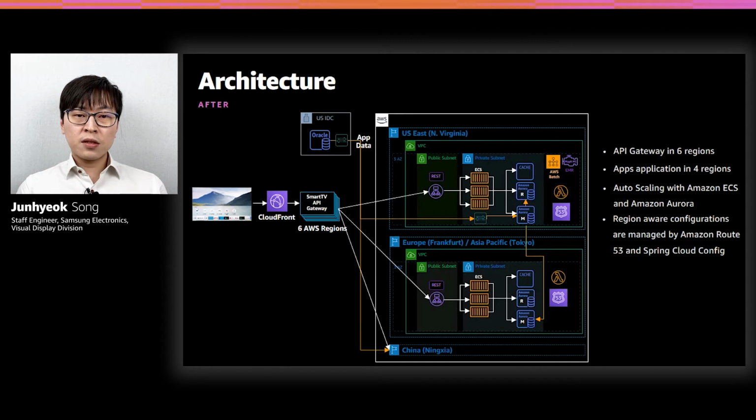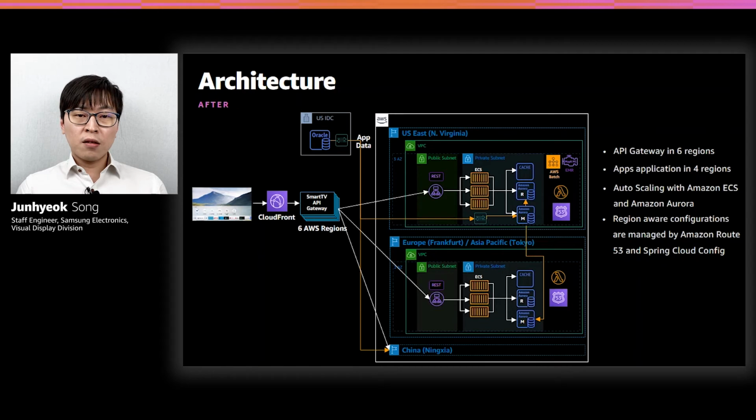China region infrastructure is managed by China R&D Center independently. Almost more than 90% of HTTP API responses come from cache by API server layer. When Smart TV requests APIs, traffic will be routed through CloudFront, API gateway server and ALB.